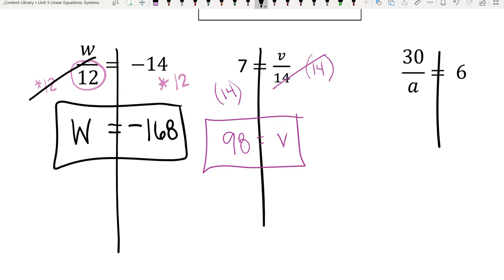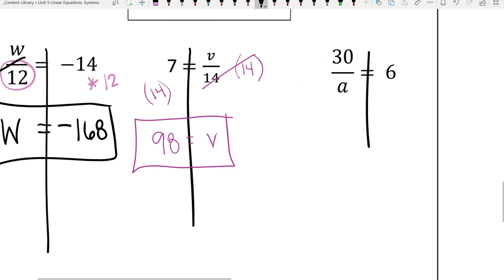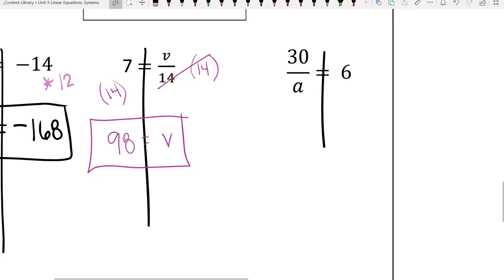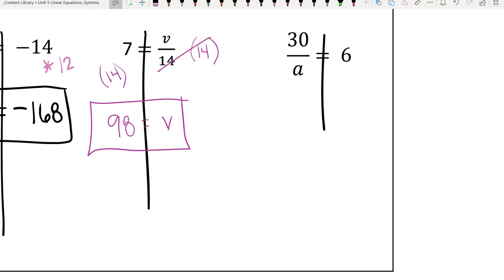And then we've got this last one, this weirdo. And again, you've got a couple of options that you can use here. The first is we're dividing by the variable here. So that's a bit odd. We're used to dividing the variable by a number. Now, if you know your facts, then it's easy. And if you don't know your facts, it's harder.